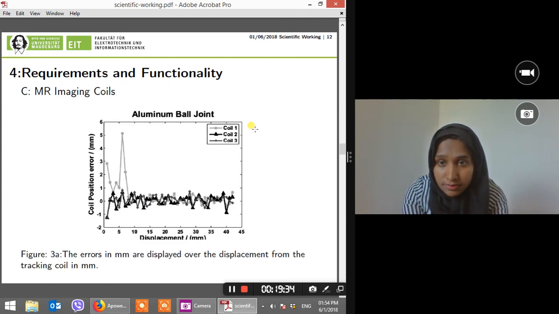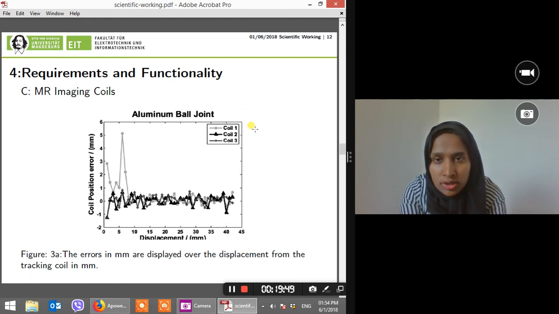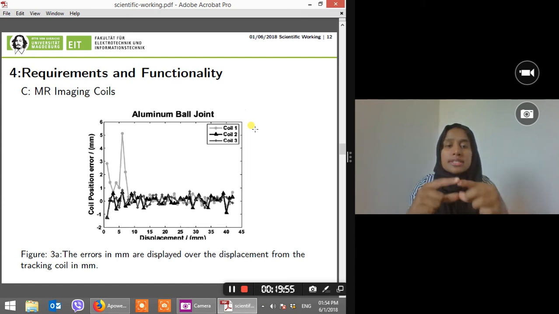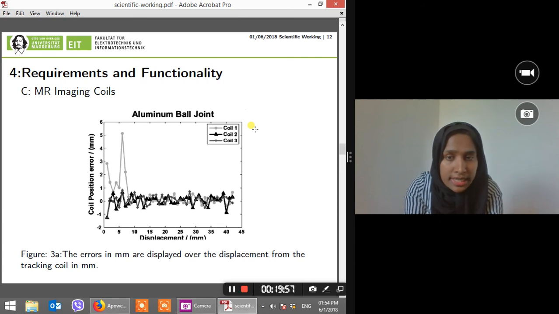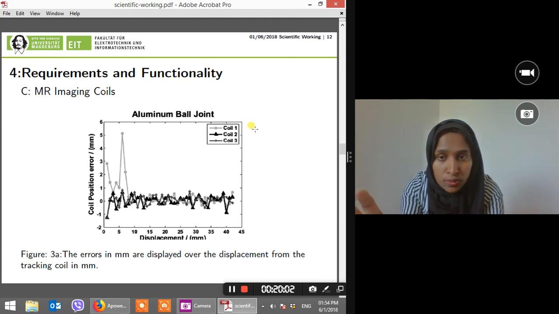So these are the results of the imaging coils which are actually placed. The first coil in this assembly is placed with metals. I will be explaining why the metal is causing the problem: there is a high magnetic field already inside, and if we are using metallic ball joints and metallic nets, then these kinds of effects are supposed to happen.